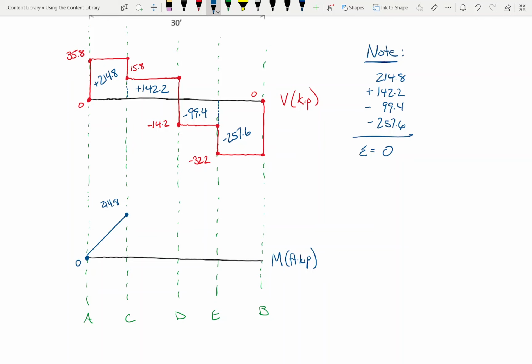The next thing that we're going to do is we're going to start at 214.8. So if I'm at 214.8 and I jump up 142.2, where am I at? $357.